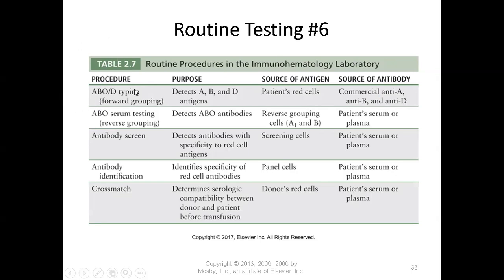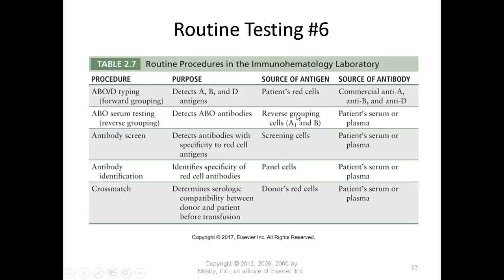The other part of ABO typing is a double check. It's called reverse grouping. This is where we're using known cells from a company, reagent A1 cells, reagent B cells, to determine which antibodies, in this case ABO antibodies, the patient may have in their serum or plasma.